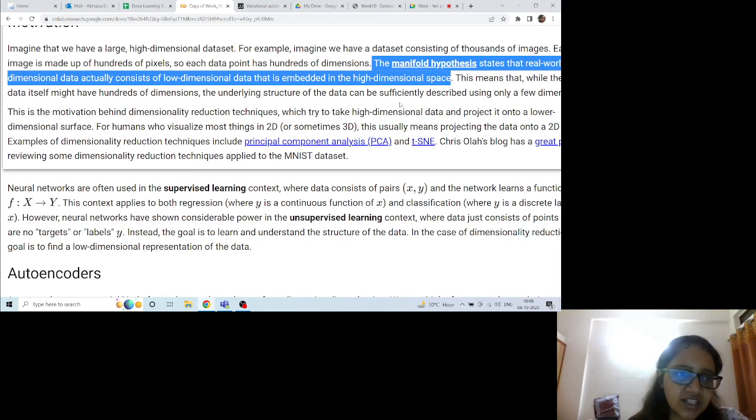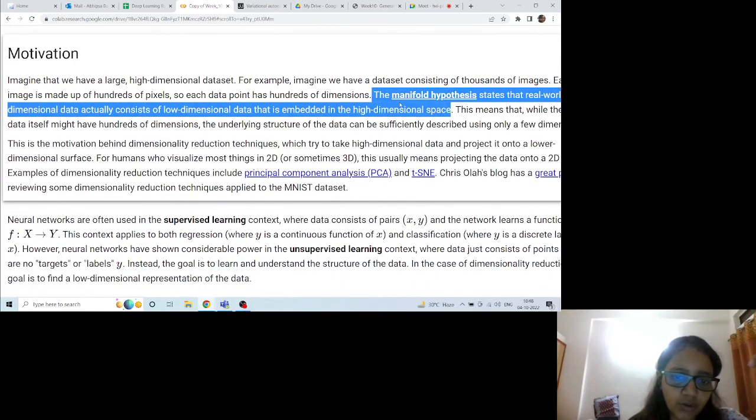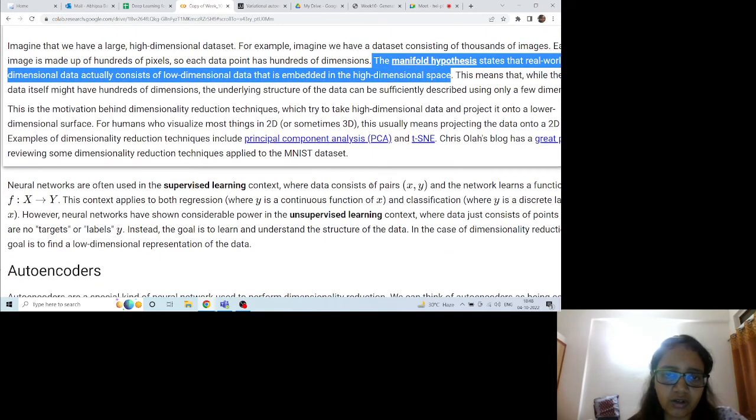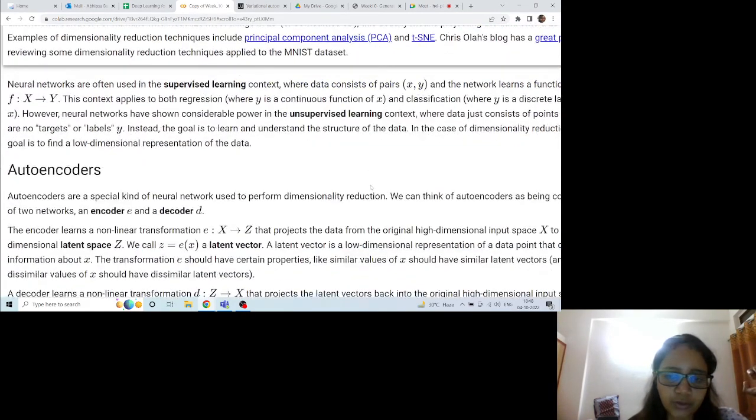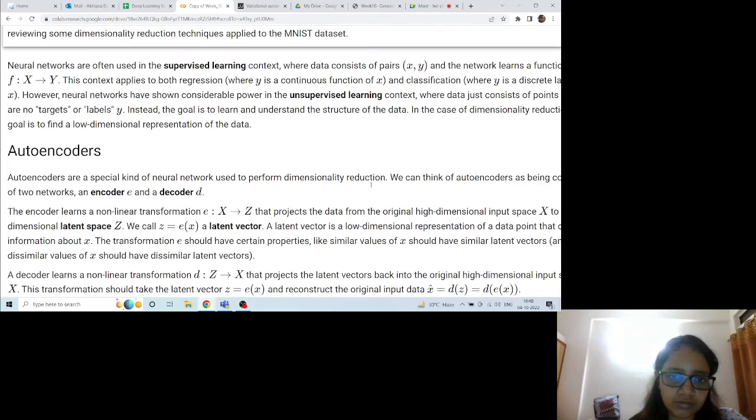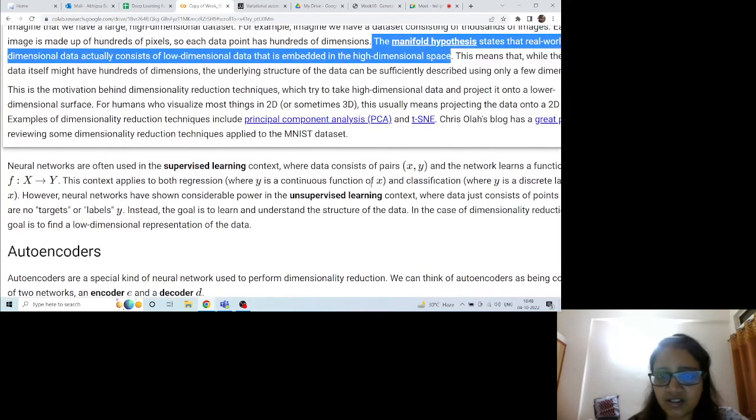So that is why autoencoders, PCA, all these concepts have come up, to ensure that we can represent our image through a much lower dimensional feature space.